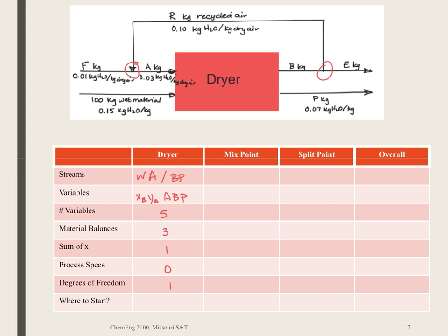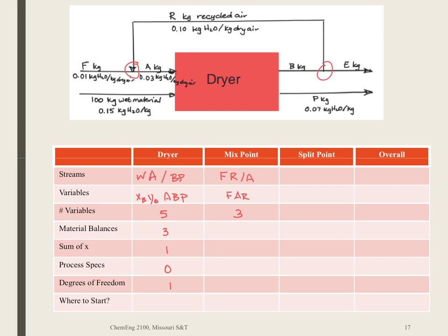If I were to look at the mixing point, I have F and R come in, and A exits. Okay, so in this case, all of the compositions are known. I just simply have the variables F, A, and R, the flow rates. I have 3 variables.